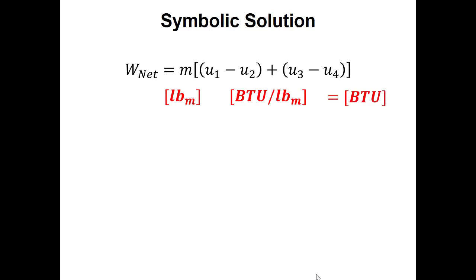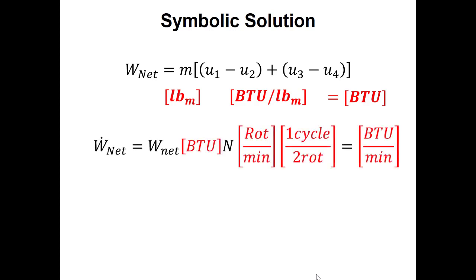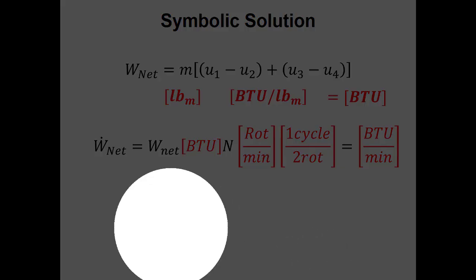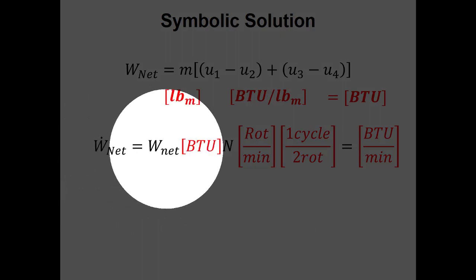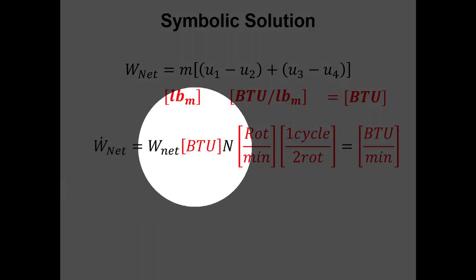But if I look at an engine in imperial units, usually if it talks about power, it'll talk about horsepower, right? So we've got to think about how we change from BTU, which is a unit of energy, into power, which is horsepower in this case. To find the power here, or W dot net, I take the net work, which is in BTU.